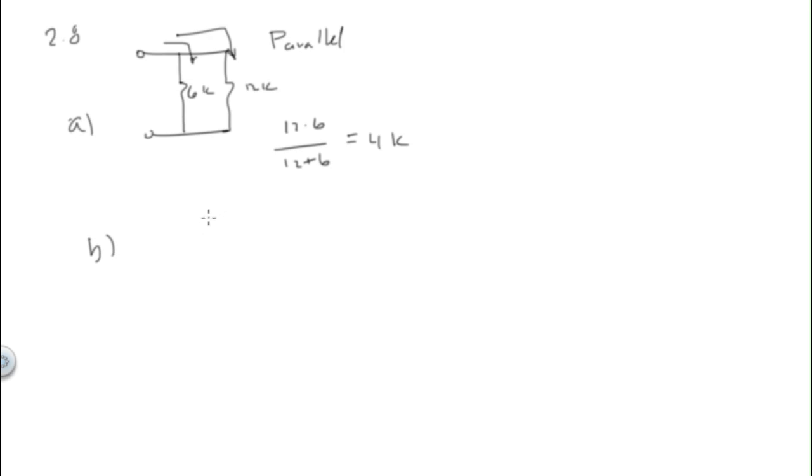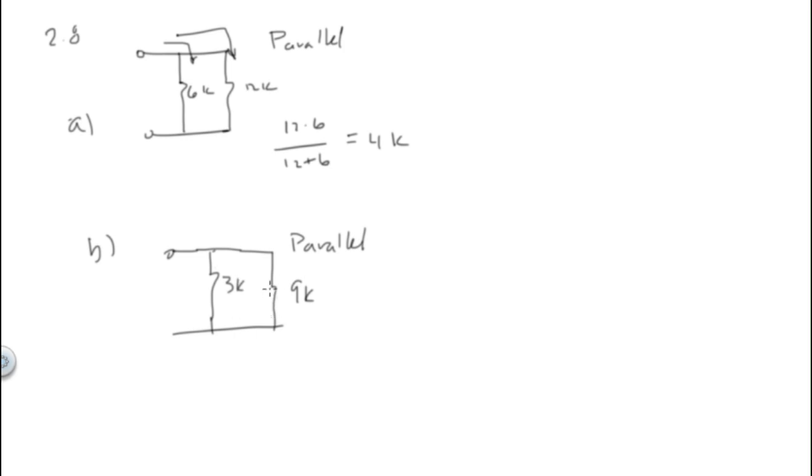B, we have 9 and 3. Again, parallel. 3K and 9K. All right, so we start here, we go down here, or we could go down here, so that makes it a parallel.